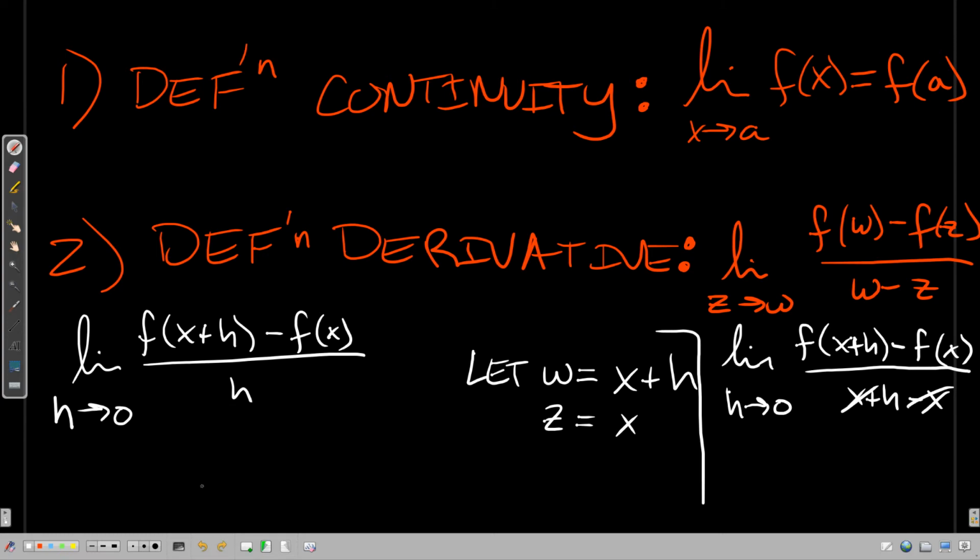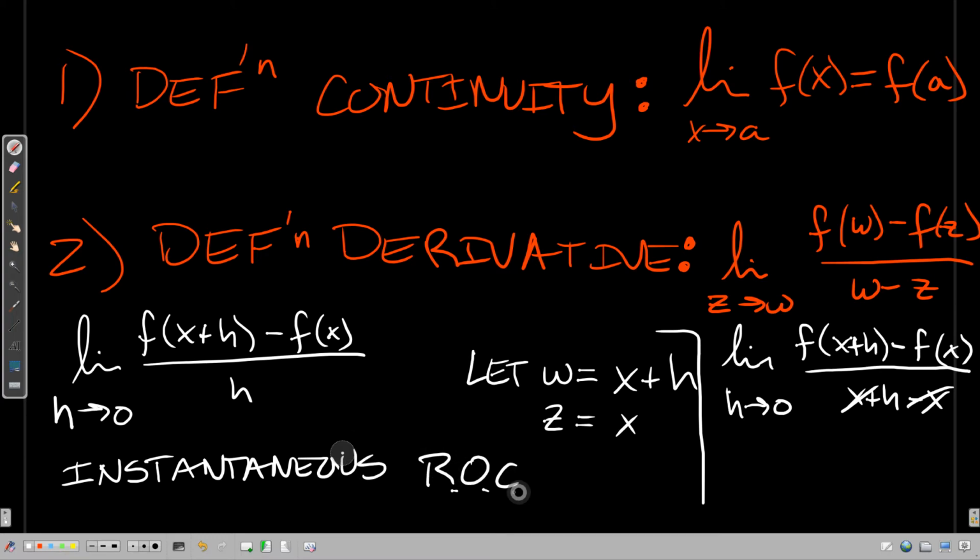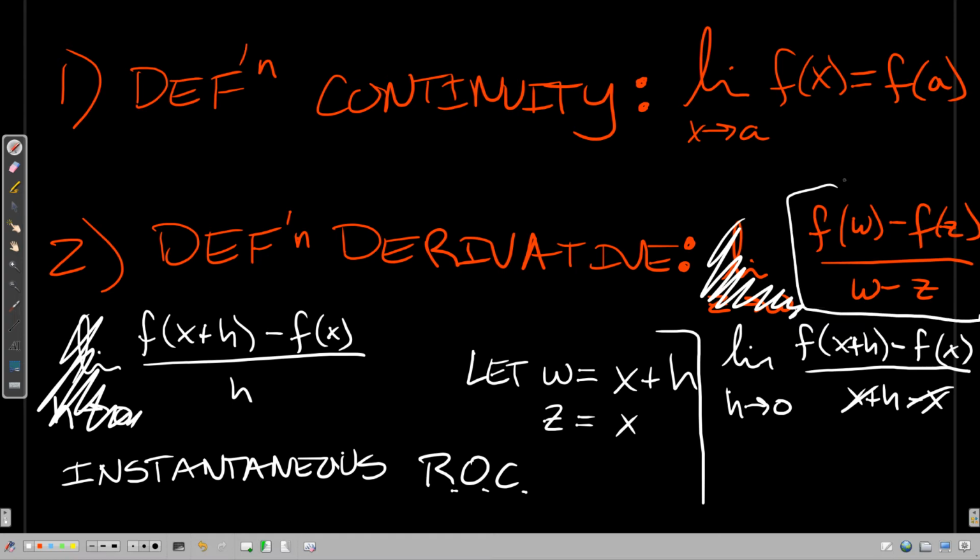And your interpretation of the definition of the derivative is that it is the instantaneous rate of change. Because if I get rid of these limits, then what you have is the average rate of change.